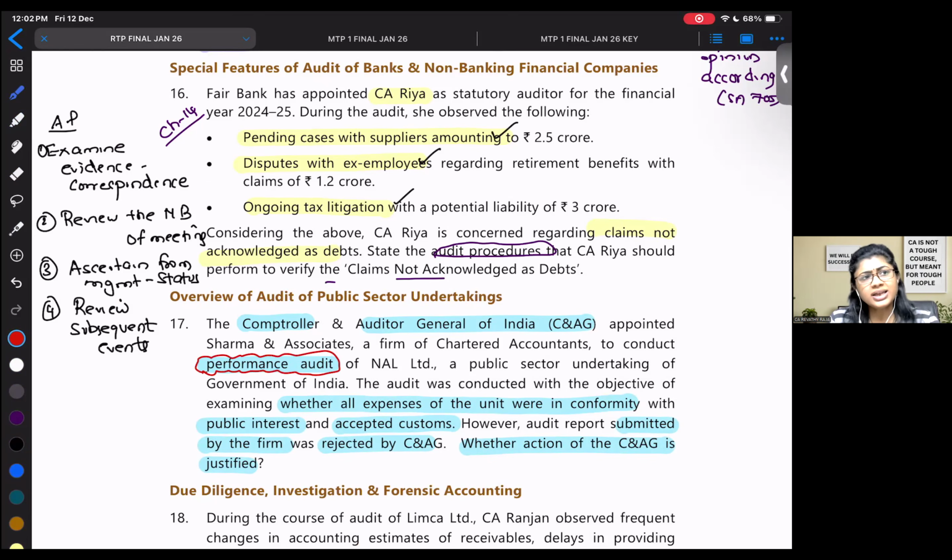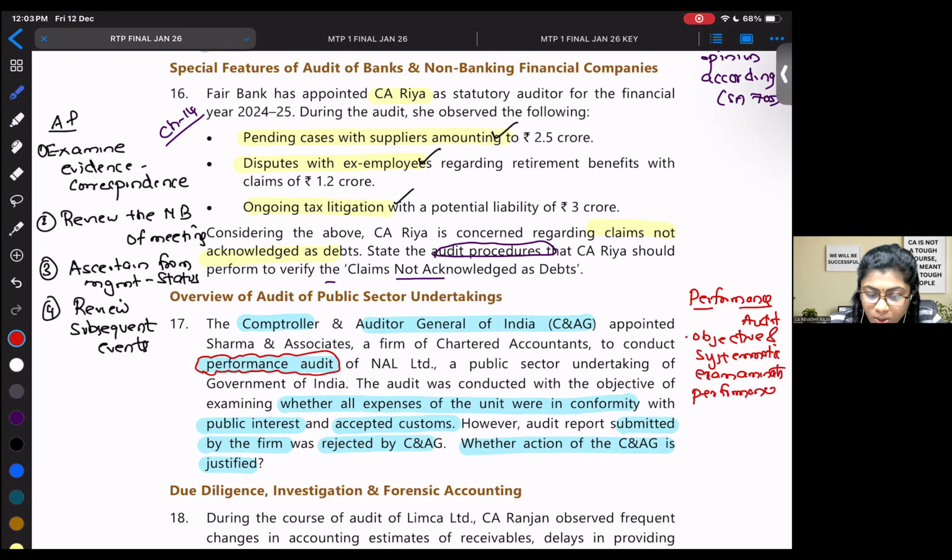Performance audit. Can someone say what is performance audit? What are you checking? Exact sentence can I say? It is an objective and systematic examination of the performance of the entity.